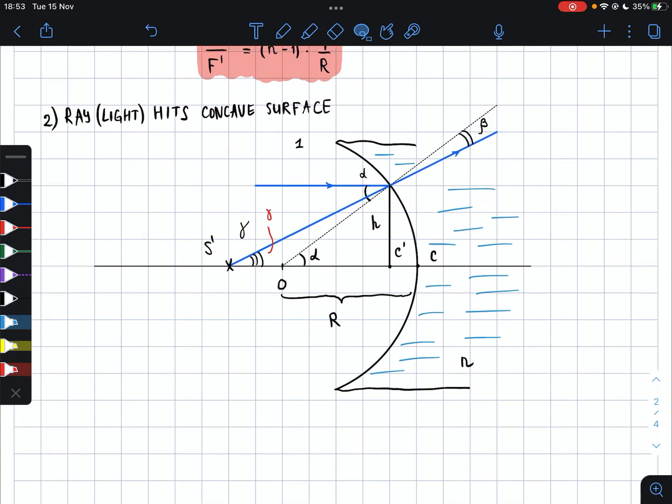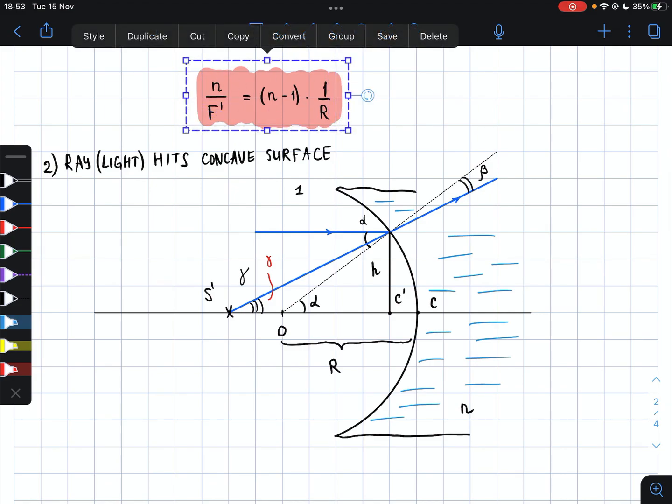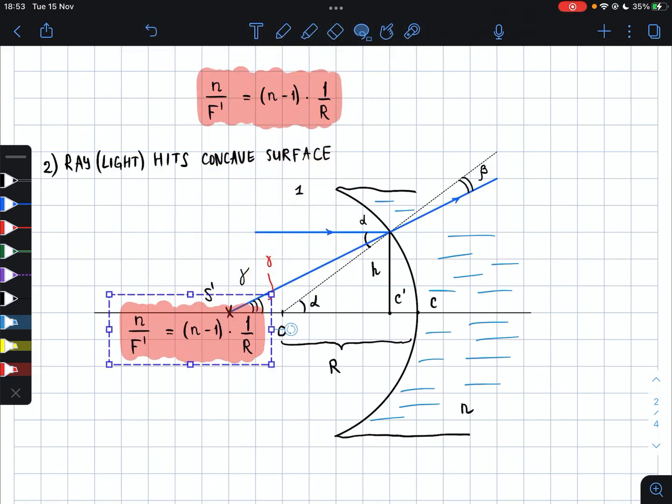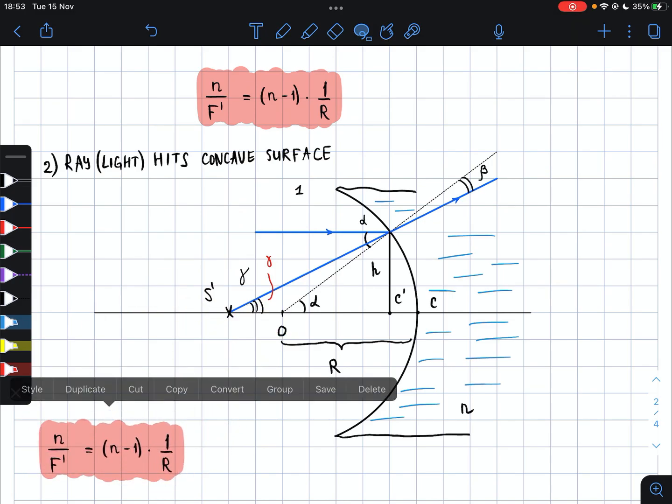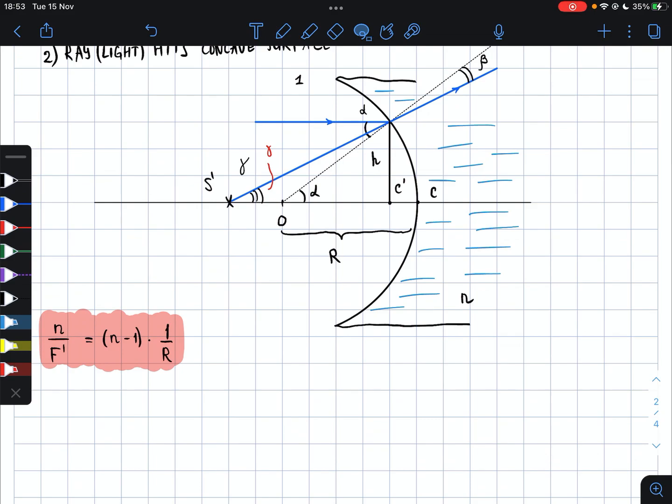We will assume that our radius is a positive number when light hits a convex surface. If light hits a concave surface, our radius will be a negative number. Then we can use this formula for both cases. I will duplicate this formula and move it here. So the formula is the same, but the radius will be a negative number.